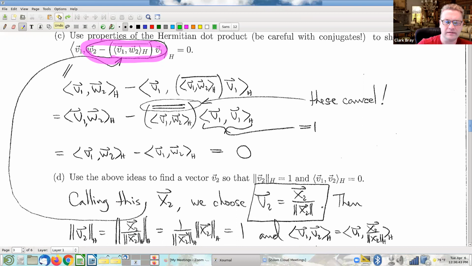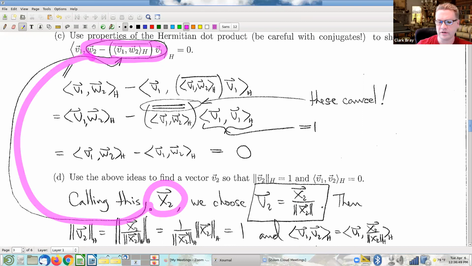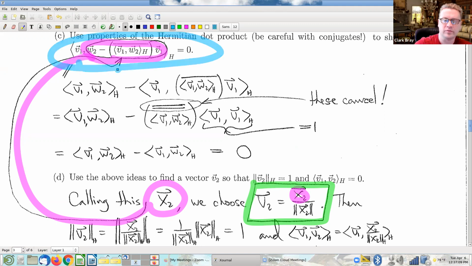And to normalize it, I just take that vector x2, I'm going to call it, per our pattern from the notes, and divide it by its own magnitude. And that is going to do what we want. The fact that we're dividing something by its own magnitude makes its Hermitian norm equal to 1. And we've already confirmed that this inner product is 0.